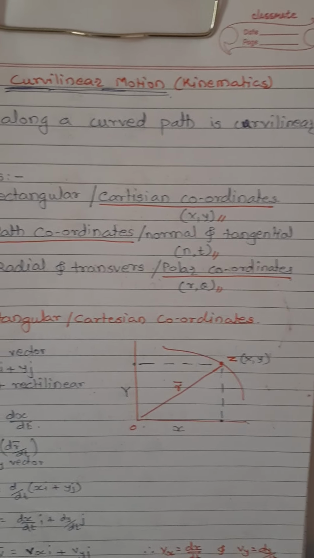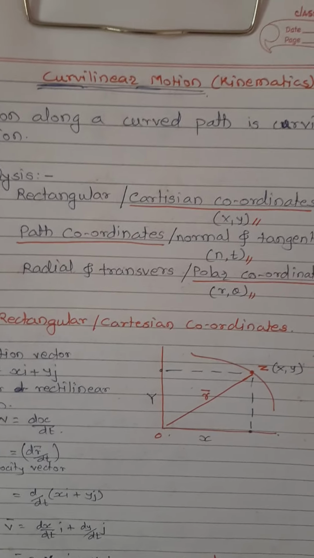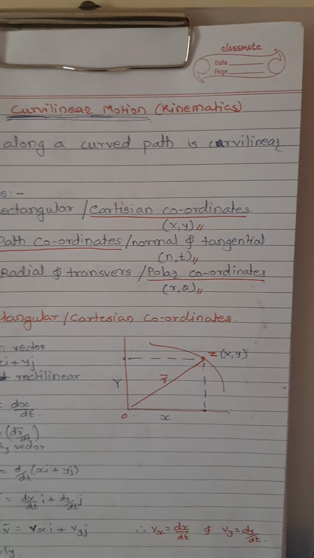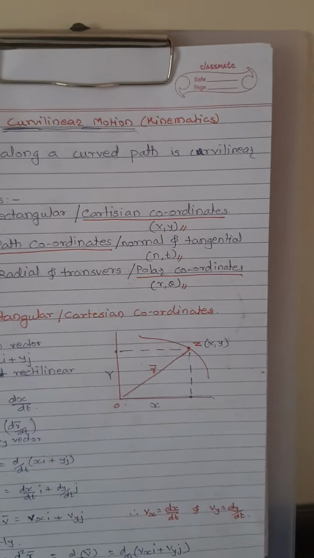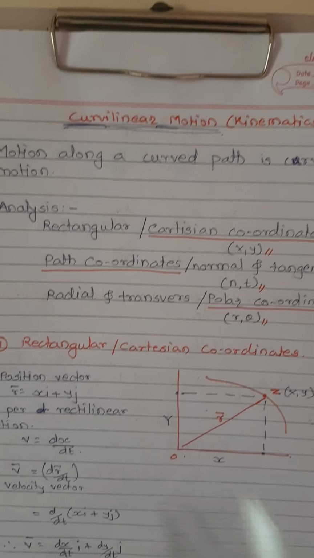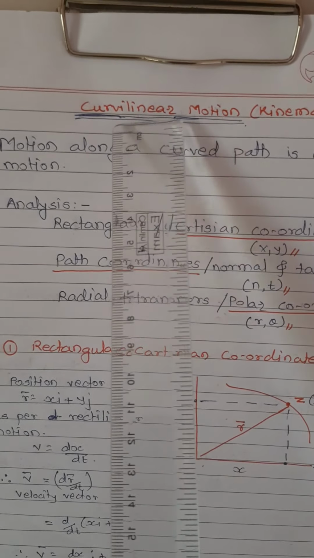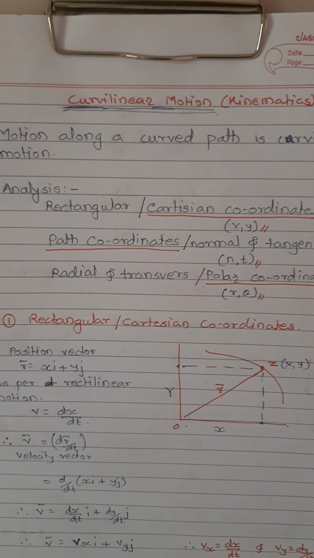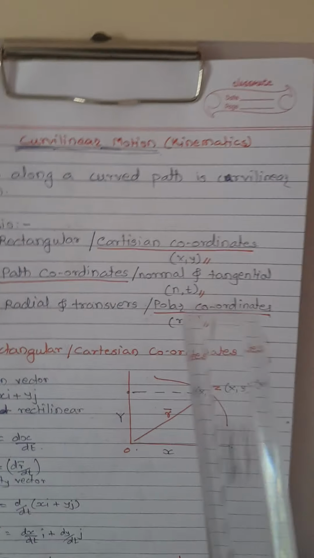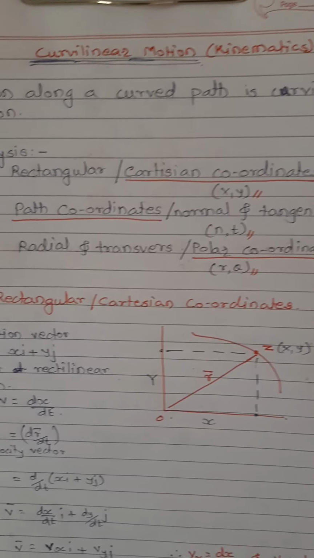Here we'll start with the next part of this series, in which for this video we are going to deal with the next type of motion, that is curvilinear motion. When we think of curvilinear motion, we particularly will be thinking of kinematics of curvilinear motion.